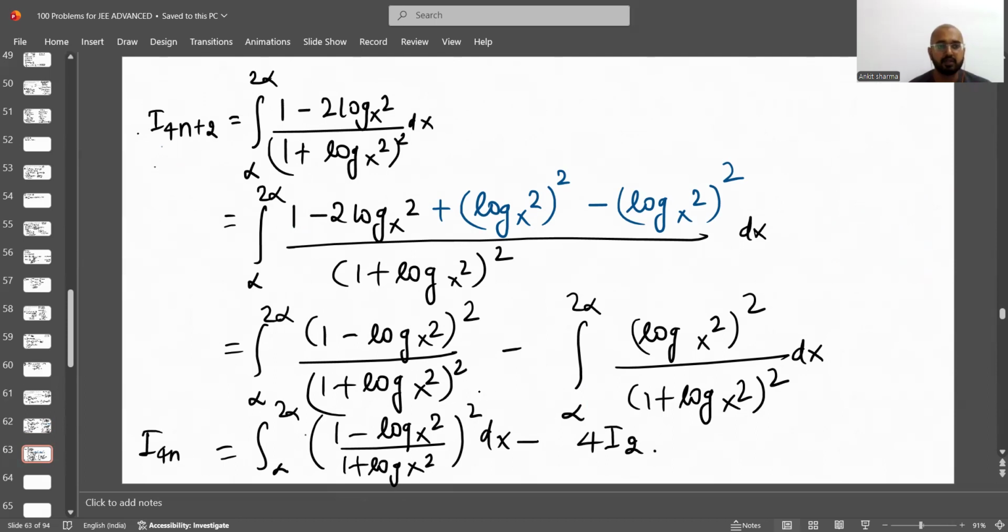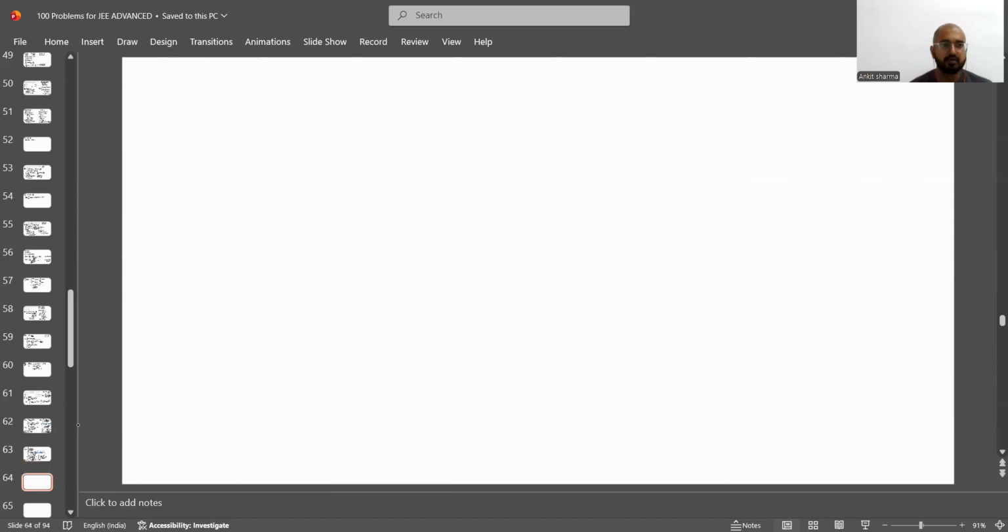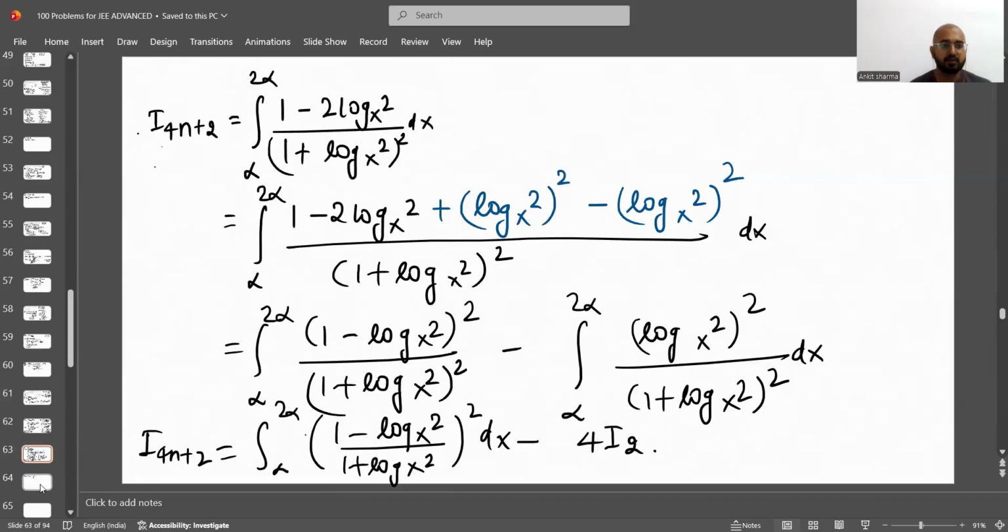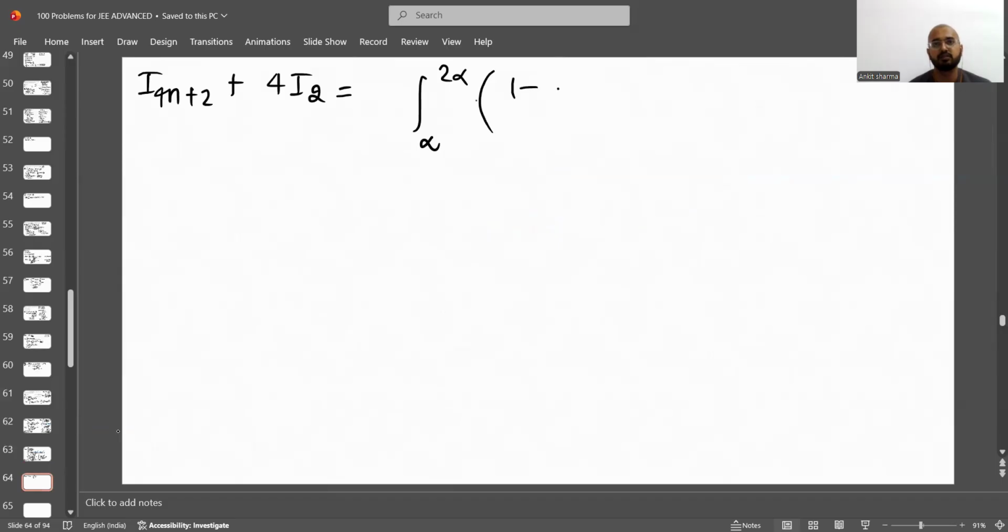This is my I4n plus 2. So we can now write down I4n plus 2 plus 4I2 is equal to alpha to 2 alpha. We now have 1 minus log 2 base x over 1 plus log 2 base x, the whole square dx.